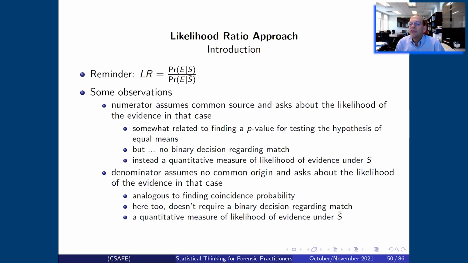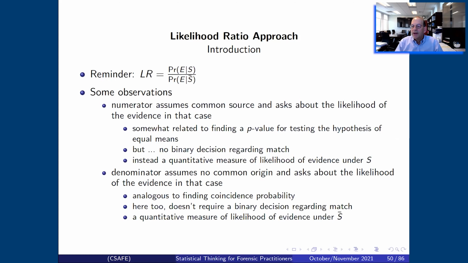The big change is the likelihood ratio gives you an assessment of the likelihood of seeing the evidence. It does not make a binary decision of match, non-match. I like that. It's a quantitative measure of how much these observations, quote unquote, support the same source hypothesis. That is, these types of observations would be expected under the same source.